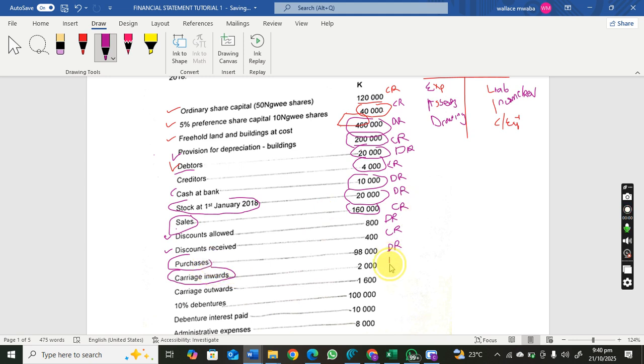Expense on the debit side here. Carriage outwards, this is the expense you incur when you are delivering goods to your customers. Okay, so this one also, since it's an expense, you debit it too.